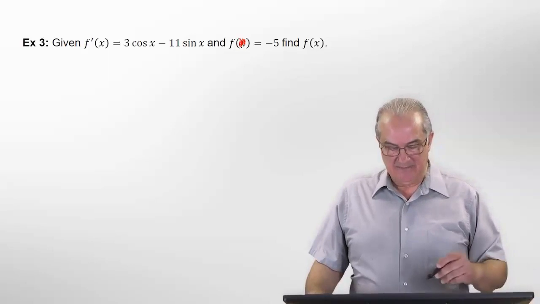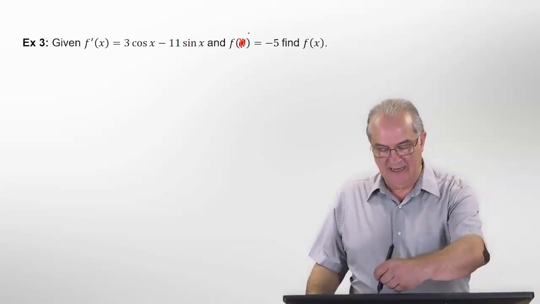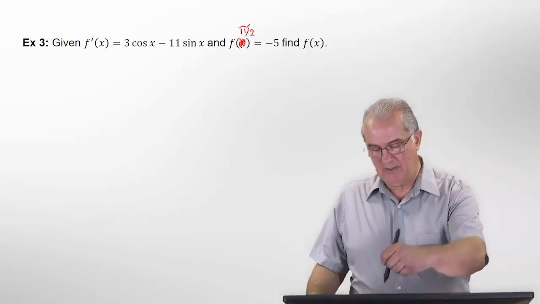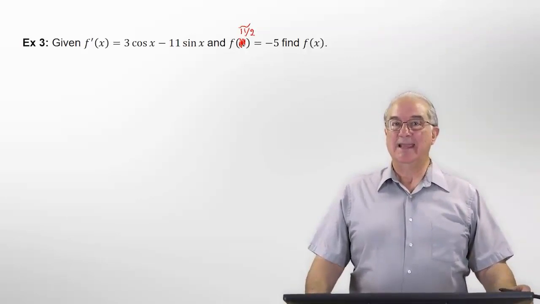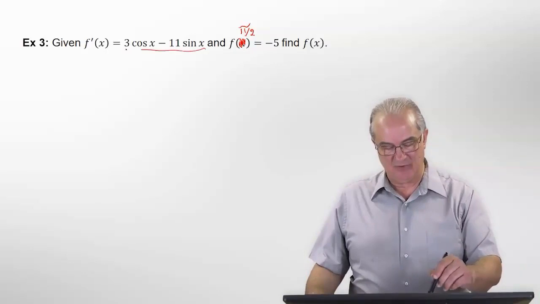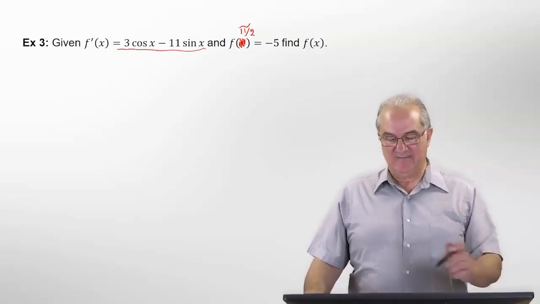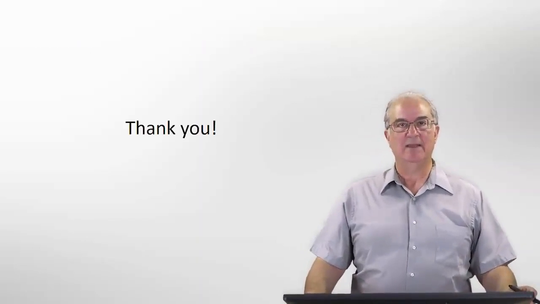So let's create some input. For example, pi over 2. So we want a function lowercase f of x with the two properties that its derivative should be 3 cosine x minus 11 sine x, and its value for x equal pi over 2 should be minus 5.